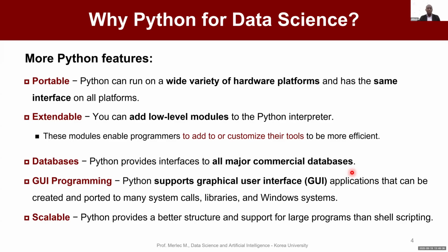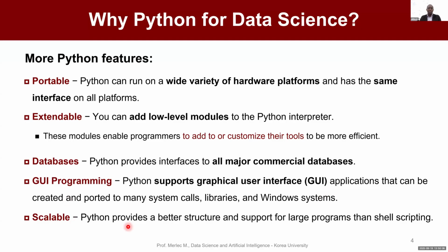It also provides support for graphical user interfaces, known as GUI, for applications that can be designed and implemented for any platform, whether it's Windows, Linux, or Mac. Python provides rich GUI support for application development.